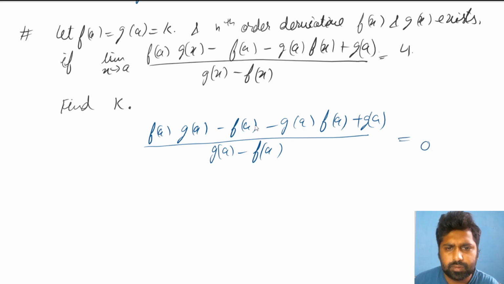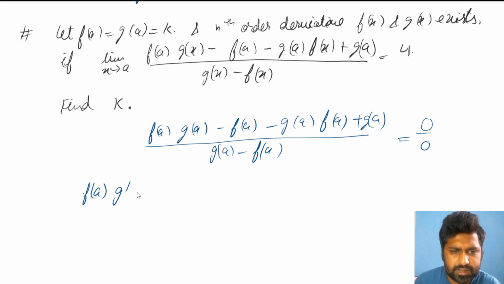In the numerator, this g of a minus f of a again becomes 0, and these two cancel, so we have the 0 upon 0 form. So L'Hopital is applicable. Let's differentiate. In the numerator, f of a is constant, so leave it; g of x becomes g dash x. Minus f of a, again constant, differentiation is 0.